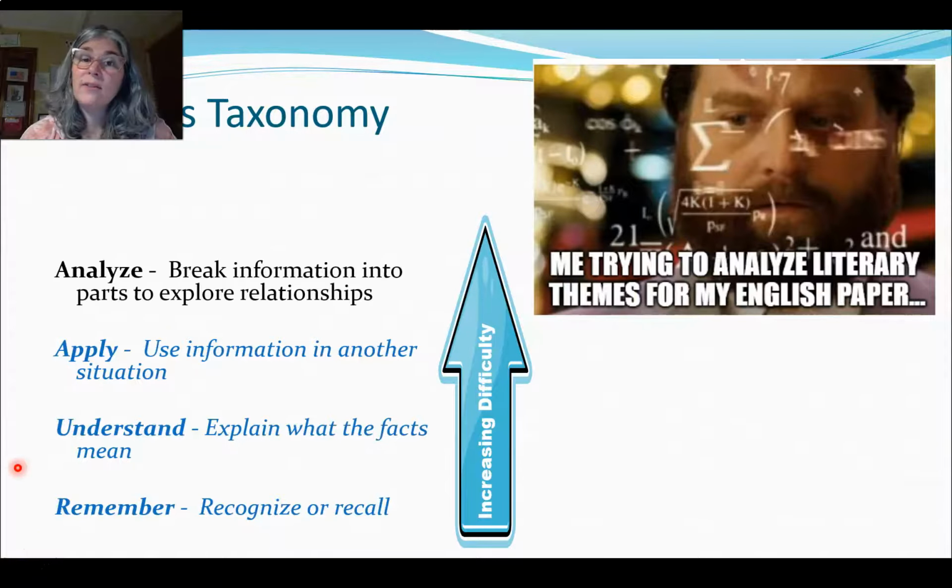Our next level, and remember we are increasing in difficulty, is analyze. And you might also recall that from the previous model, analyze is a combination of synthesis and analysis. So this is looking at, can you break something into its parts to explore it more deeply? And also, can you put it back together and synthesize it?